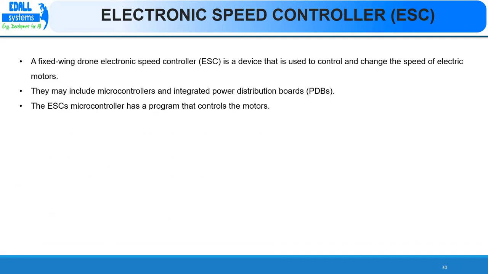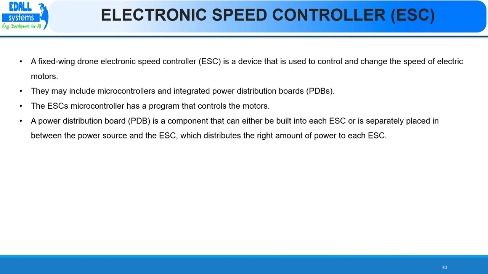The microcontroller controls the motors and the power distribution board is a component that can either be built into each electronic speed controller or can be separately placed in between the power source and the electronic speed controller. Power distribution board distributes right amount of power to each electronic speed controller.